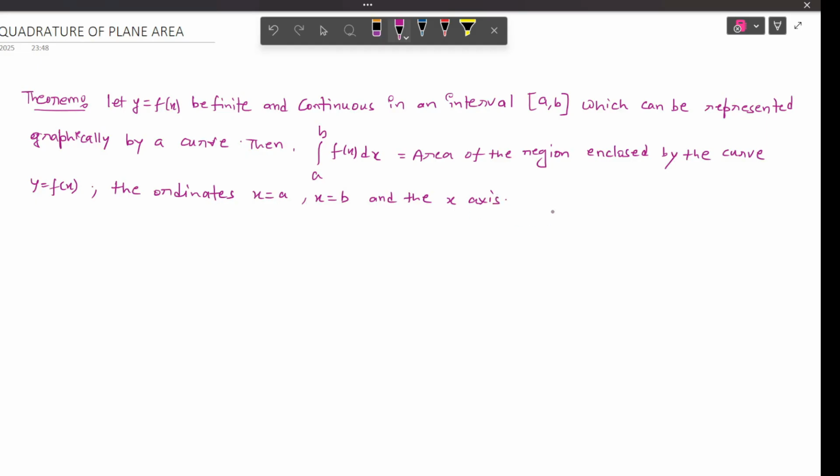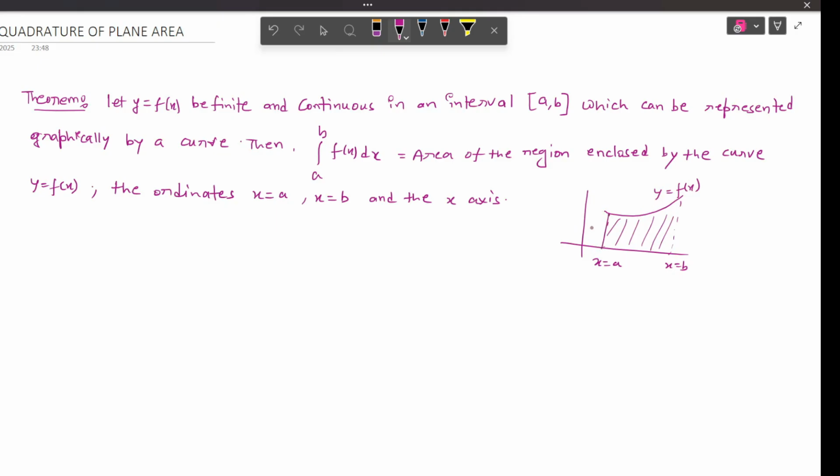Okay, let us say we have a curve something like this. This is our y equals f of x curve, and from x equals a to x equals b, we are finding the area of the curve.